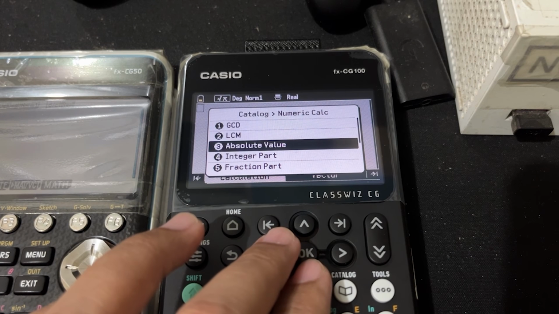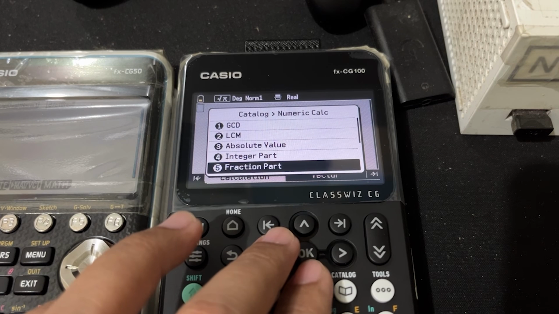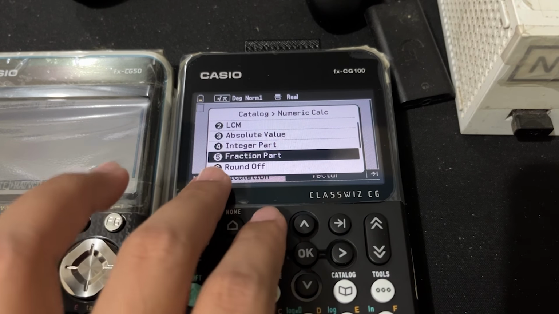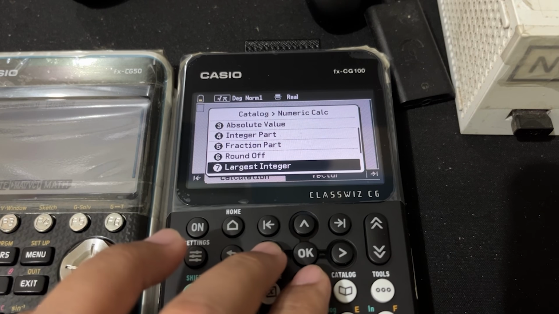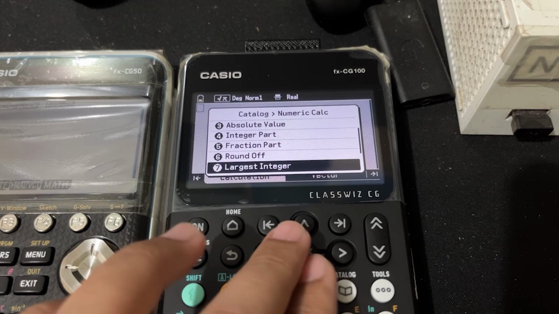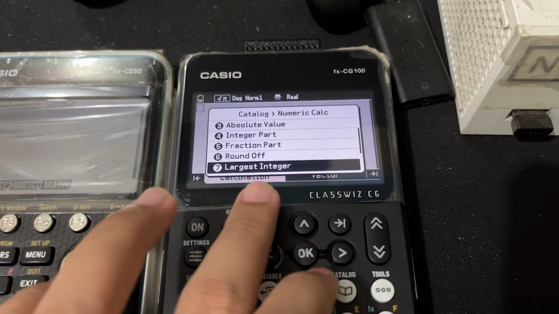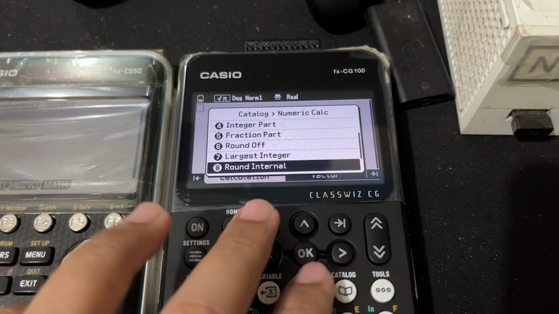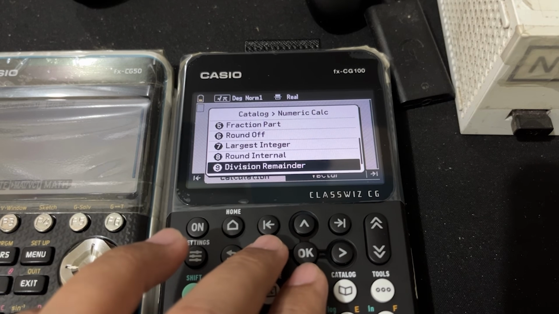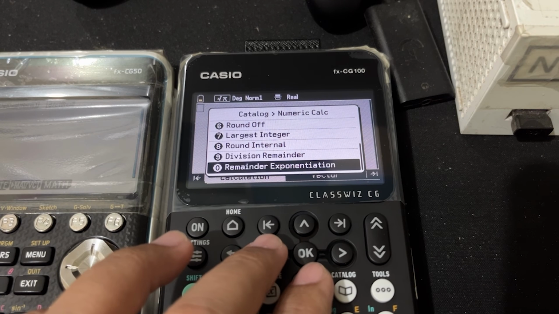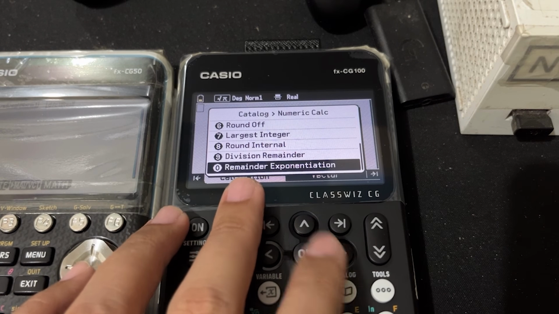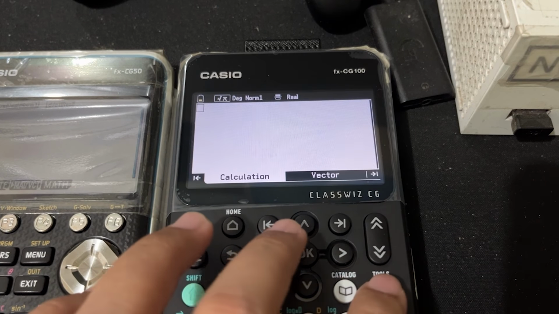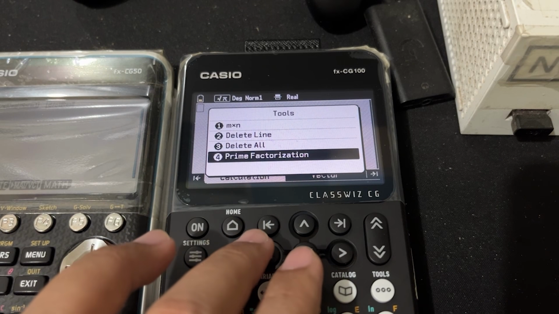Okay, absolute value, integer part, fraction part. This one is fractions, I saw it in school. This one is largest integer, round, integer division, remainder. Remainder is exponential. I never seen this before. Exponential, but not on the list. It's prime factorization.